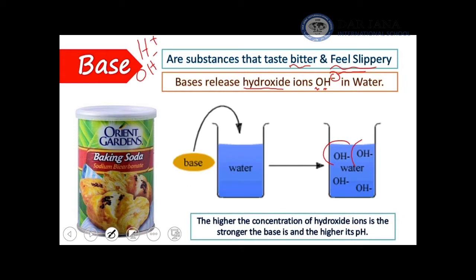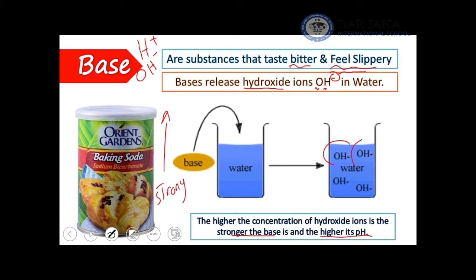And the same goes here. The higher the concentration of hydroxide ions, the stronger a base is, and this time the higher the pH is. Okay, so a stronger base means a higher pH.